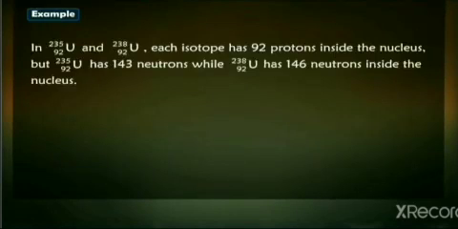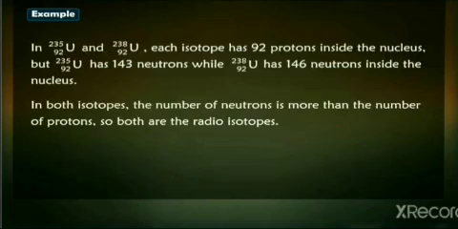Example: in uranium-235 (²³⁵₉₂U) and uranium-238 (²³⁸₉₂U), each isotope has 92 protons inside the nucleus, but uranium-235 has 143 neutrons, while uranium-238 has 146 neutrons inside the nucleus.